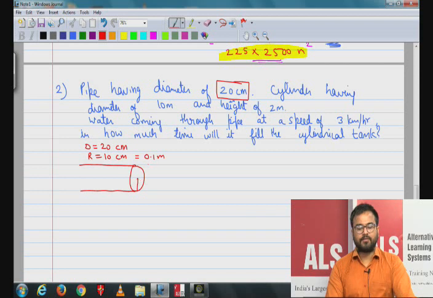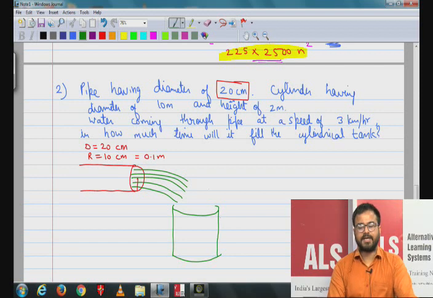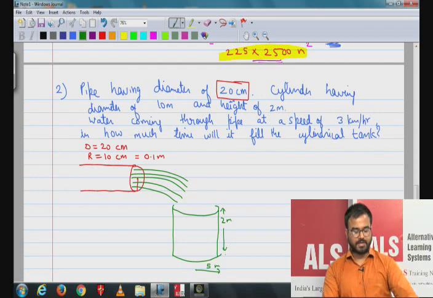Now from this pipe, the water is coming and going into a tank. This is the tank over here, a cylindrical tank. The dimensions of the tank are also given. The diameter is 10 meter, so the radius is 5, and the height is 2.